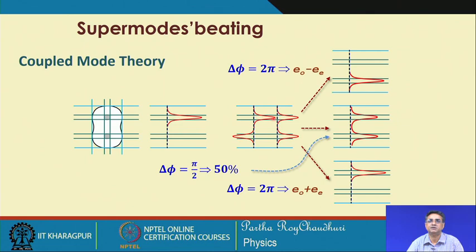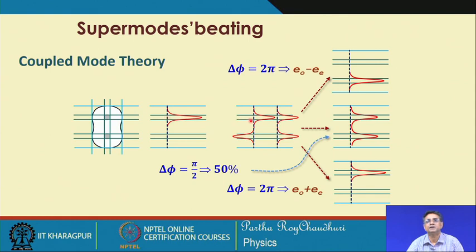So, if the phase difference is 0, then we can add these two and these two will be subtracted. It will result in only one lobe of the mode profile, so you get the light confined into one of the waveguides, which can be thought of as the input light.